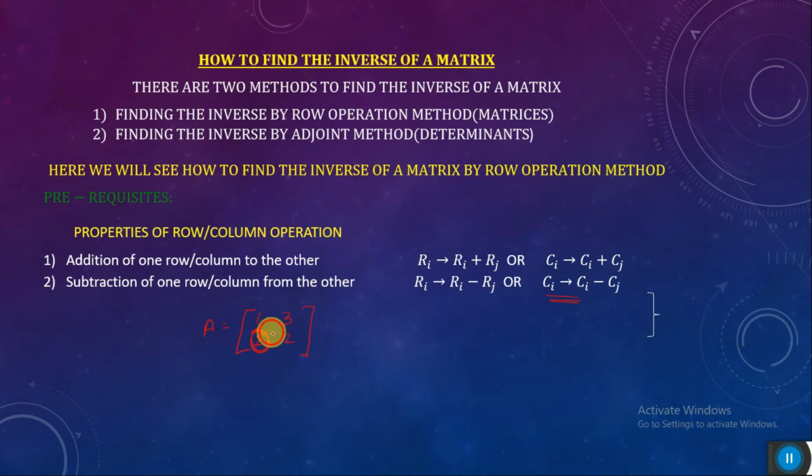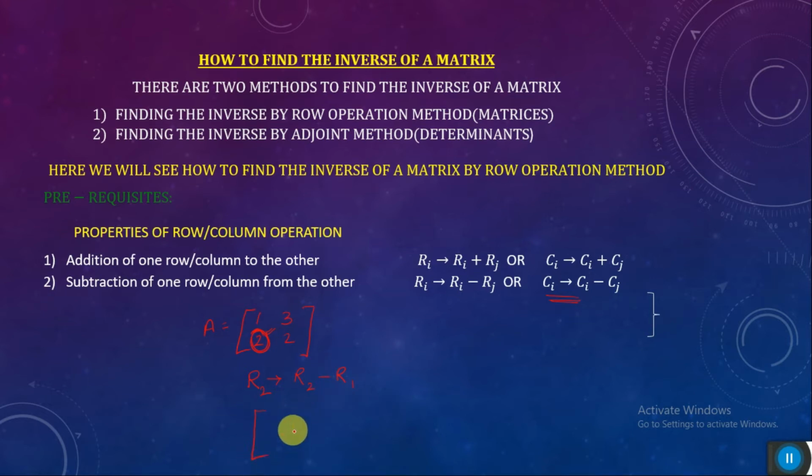Because you want to make 1 here, what will you do? We will see later that we cannot decide what we want to bring here. Just for now, if I want to make 1, what will I do? I will put row 2 under operation because this element is in row 2. So row 2 minus row 1.